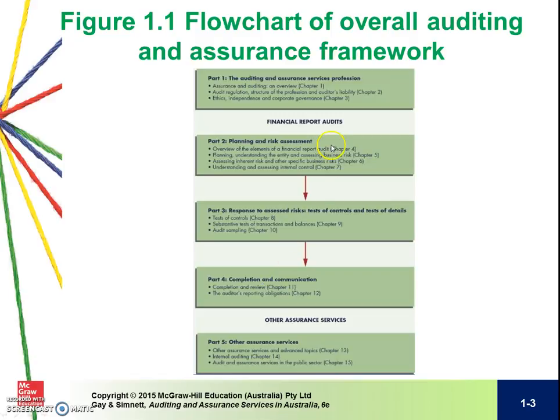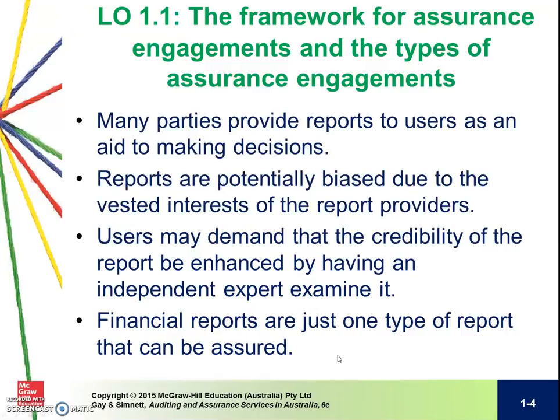In the last 2 weeks of the semester, we look at part 5, other assurance services, and we will have guest speakers for the 2 topics, internal audit and social audit.